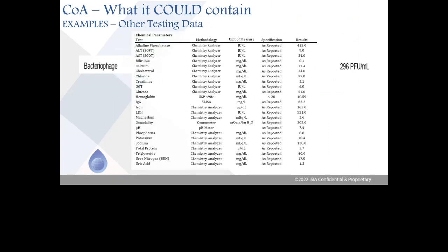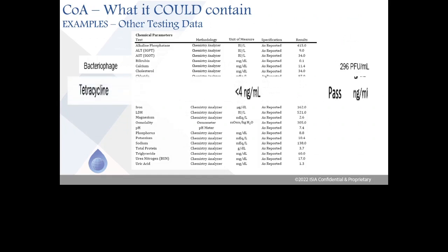Other batch testing data that could be included can be quite varied and can range from bacteriophage testing to full chem panels to detection of antibiotics in the serum.